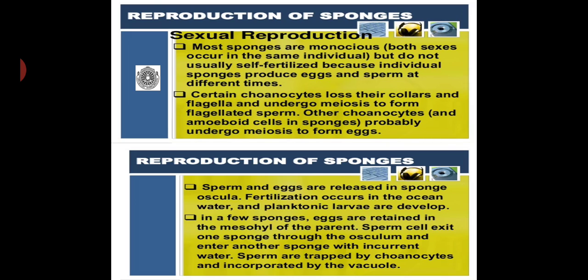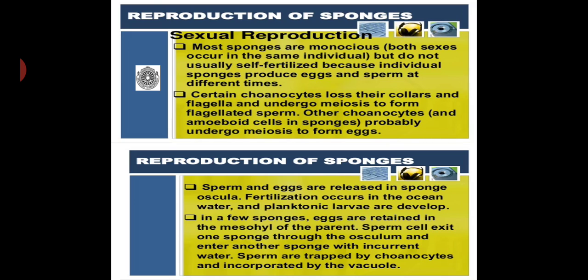In case of sexual reproduction, most sponges are monoecious, as I said, and both the sexes occur in the same individual, but there is no self-fertilization because individual sponges produce eggs and sperm at different times.